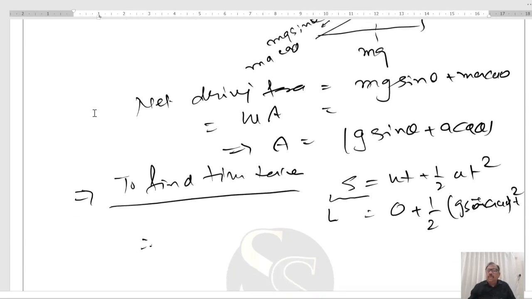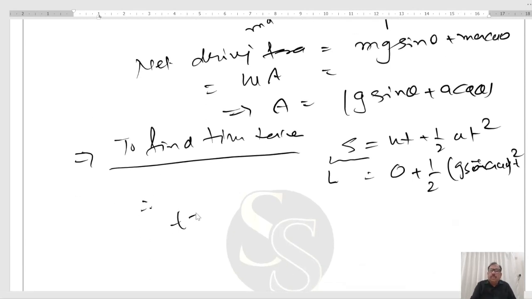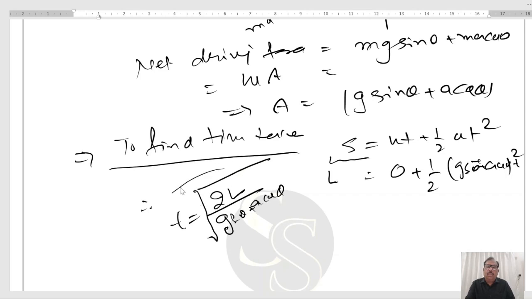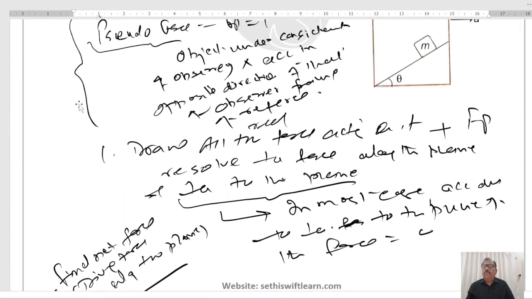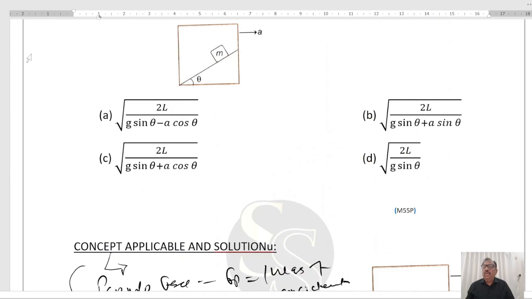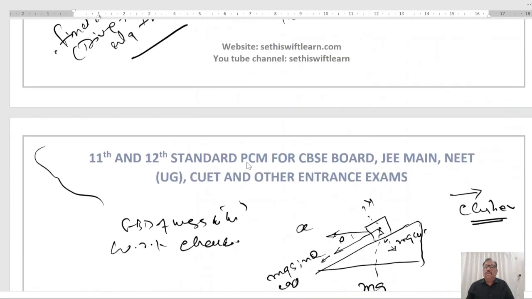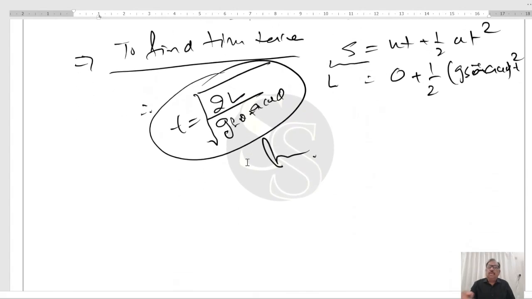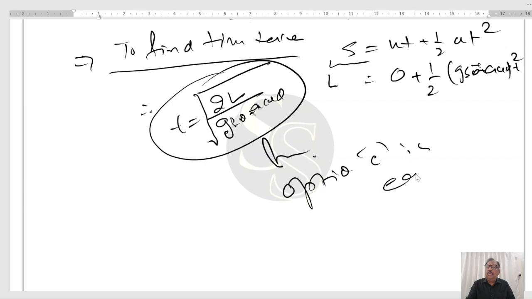Therefore, t comes out to be under root of twice L upon (g sin theta plus a cos theta). This is the answer. Let's see the options available. g sin theta plus a cos theta, this is option C. C is correct.